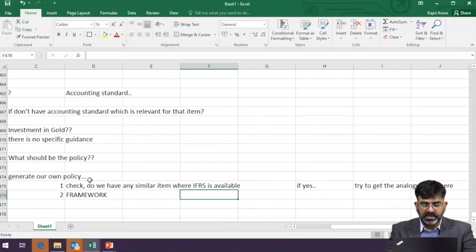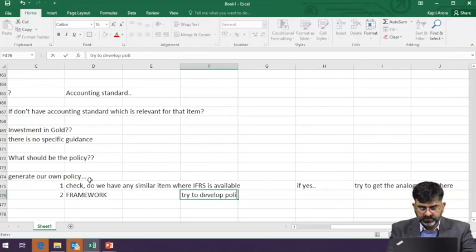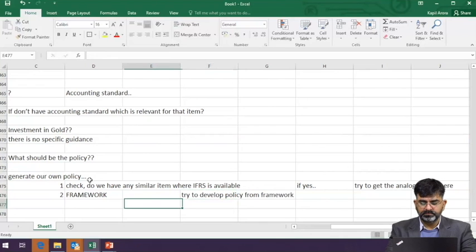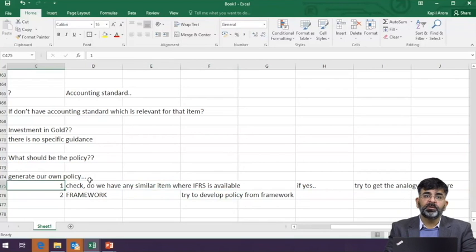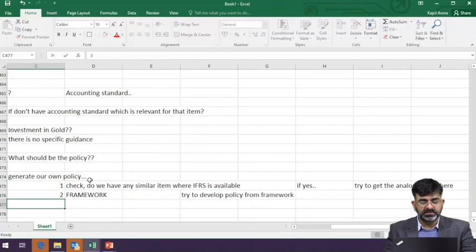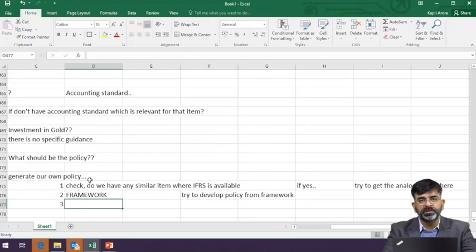It says try to develop the policy from the framework. First, check whether any similar standard is available and apply that. If that is not available, try to make a policy from the framework.